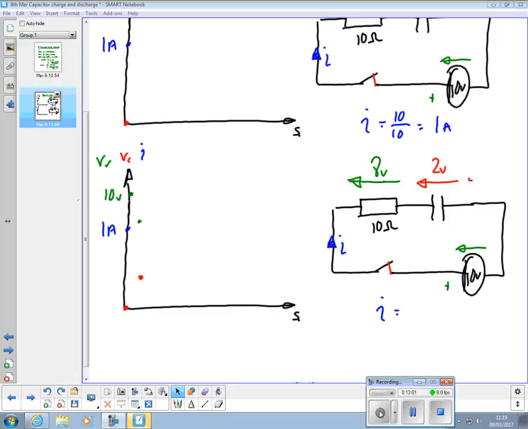Yeah, the current becomes 8 volts over 10 ohms equals 0.8 amps. So if less current's flowing, the charge is moving less quickly, and the capacitor is charging up slower as it goes on. Because if the current's reducing, it's not going to charge so quickly. So our current goes from 1 amp down to 0.8 of an amp in the same time.